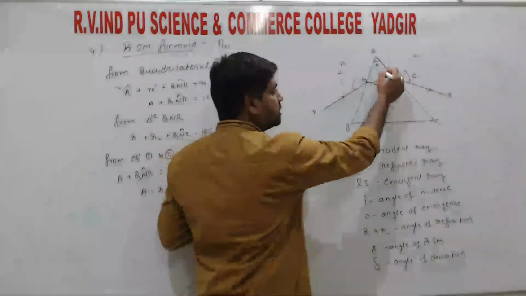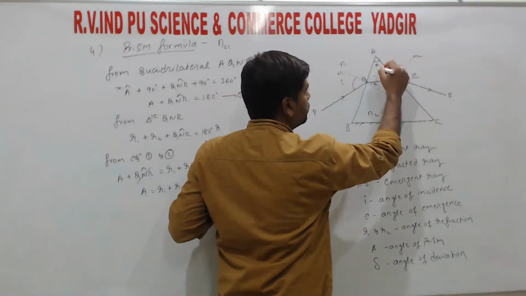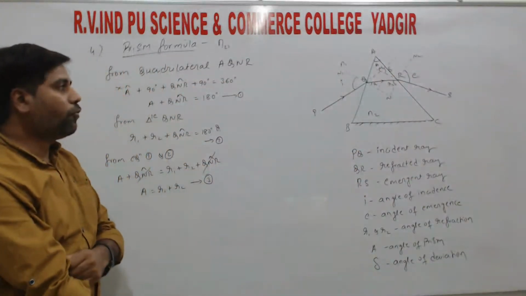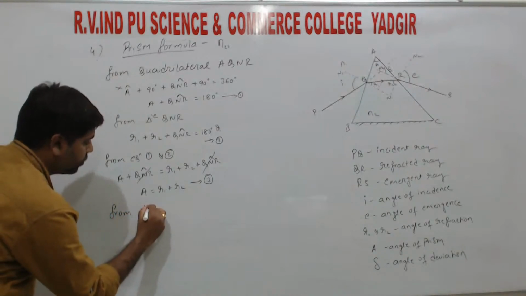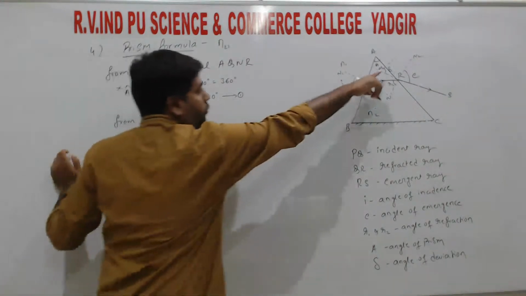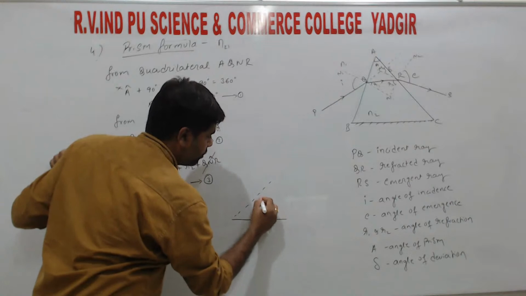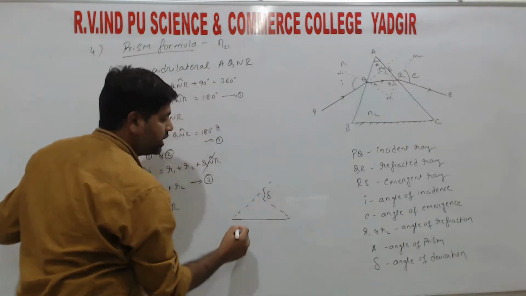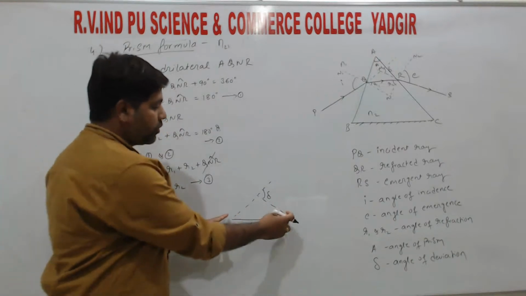Next, considering here M, right? So from triangle MQR, so this is the deviation angle delta. Here we don't know the value of two angles.